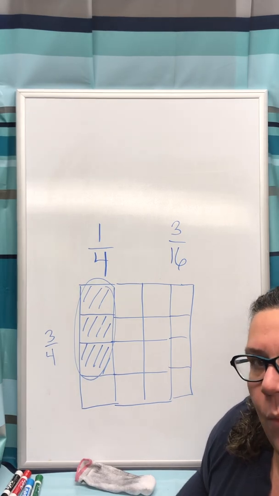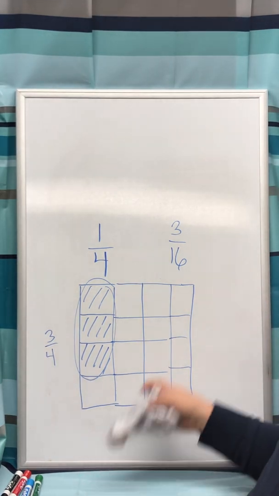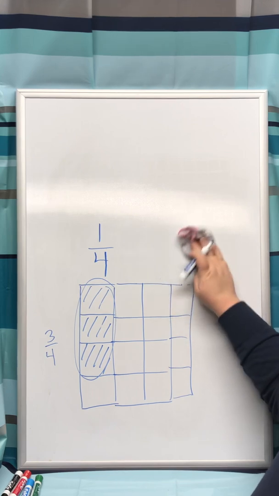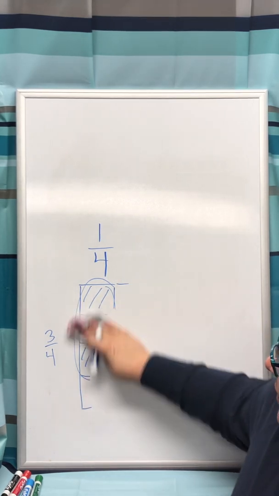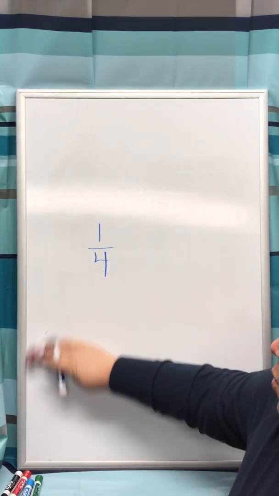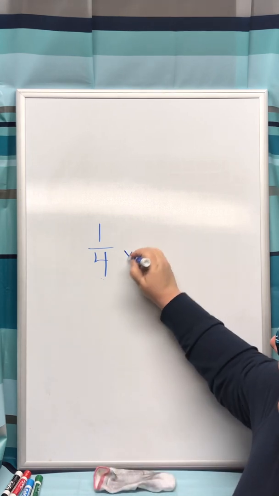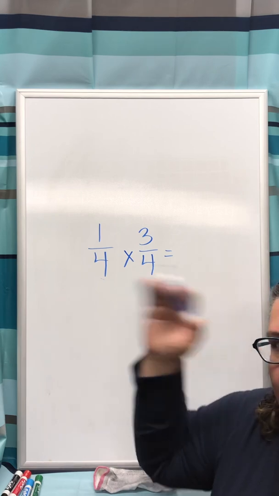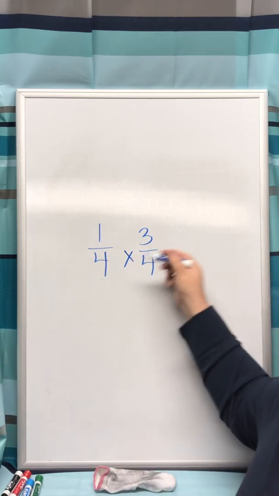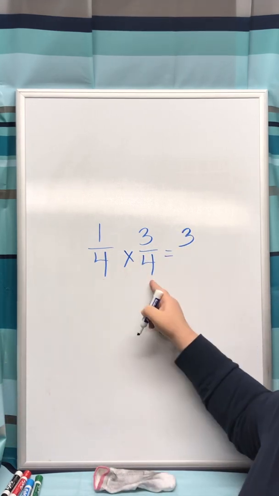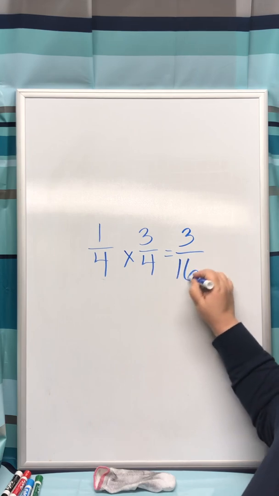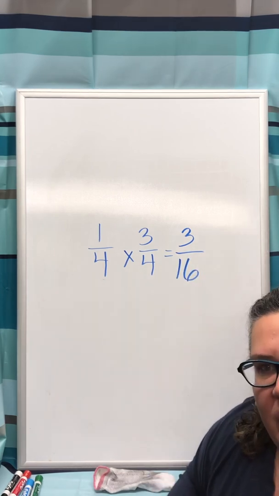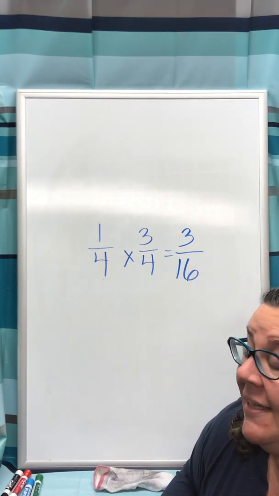If we take the grid away and we strictly solve using the multiplication that we've been doing the last couple of lessons, doing 1/4 times 3/4, I'm just multiplying across. 1 times 3, 3. 4 times 4, 16. That's my 3/16. So again, I'm getting the same answer.